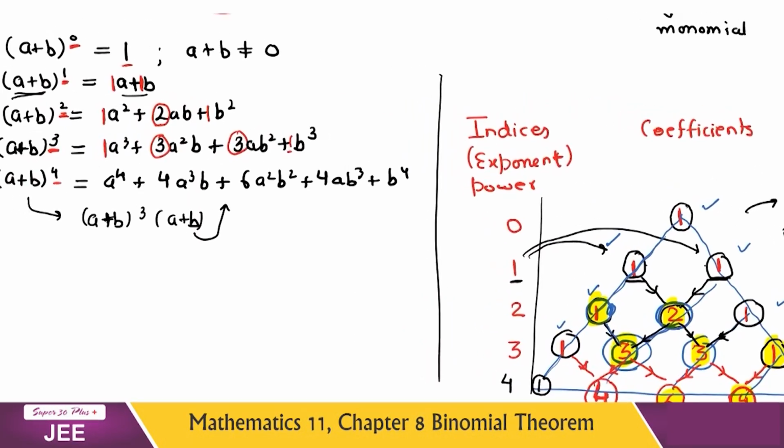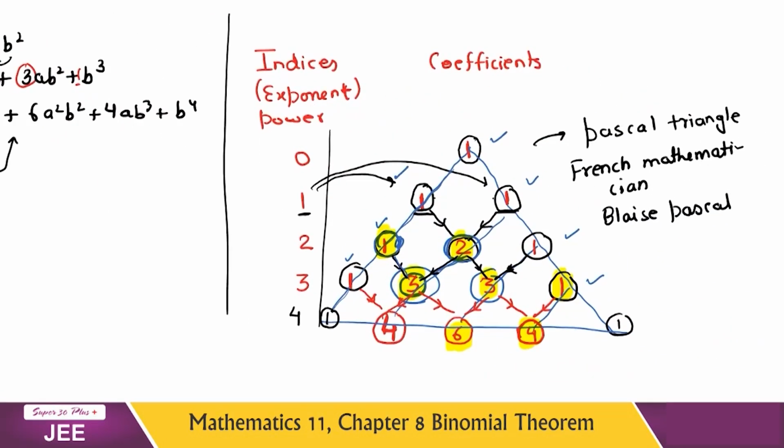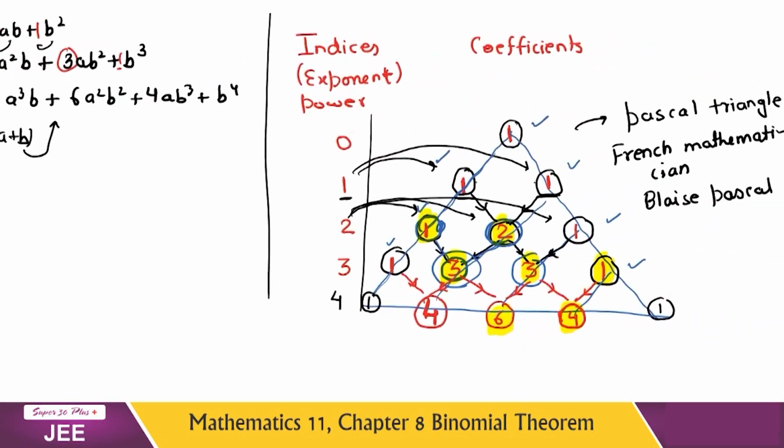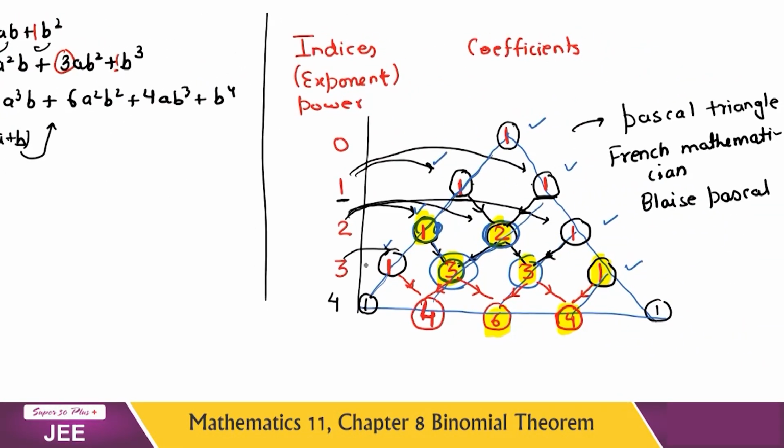The coefficient of (a plus b) whole square is: with a square we have 1, with ab we have 2, and with b square we have 1. So the coefficients are written over here. The coefficients of the terms that appear in (a plus b) whole square, we have written here: 1, 2 and 1. And in (a plus b) whole cube the coefficients are 1, 3, 3 and 1, those coefficients have been written over here.